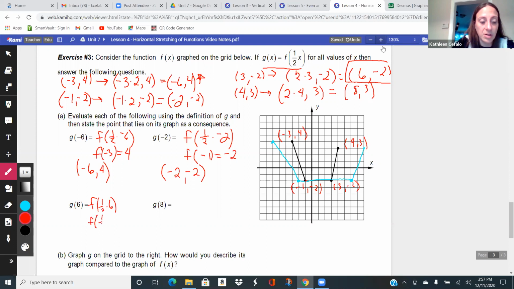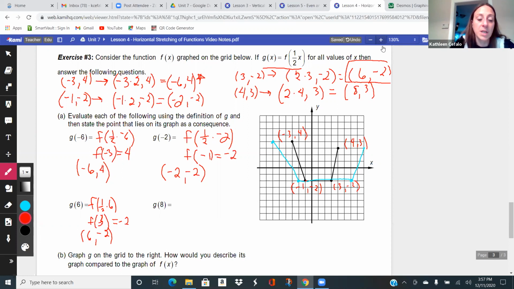Okay, so the f of 1/2 of 6 is going to get you 3. All right, and again, go to your black graph. So the f of 3, so I'm reading over 3 on the x, I read down 2. So I have a -2. And so again, if I put this together in the g function, when x is 6, the y value is -2.